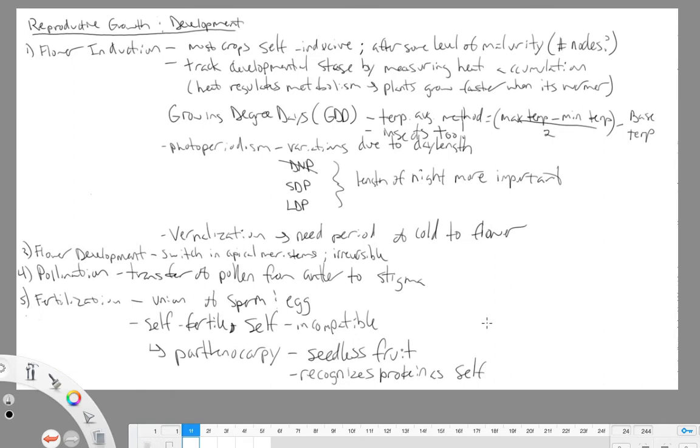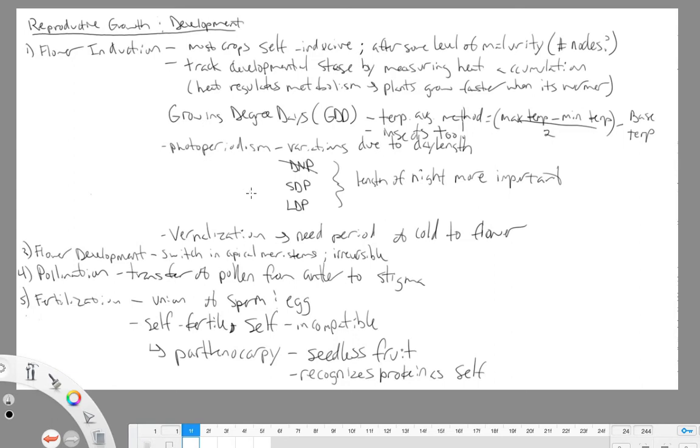those were our agricultural plants that are self-inducive, but then we said some of our agricultural plants respond to photoperiodism. This is where they will go through different growth or developmental stages as a result of variations in day length. Now we have our day neutral plants, which don't respond to photoperiodism, but then we have our short day plants and our long day plants.